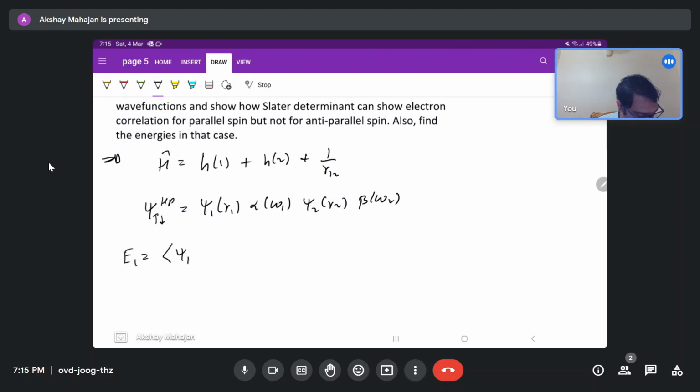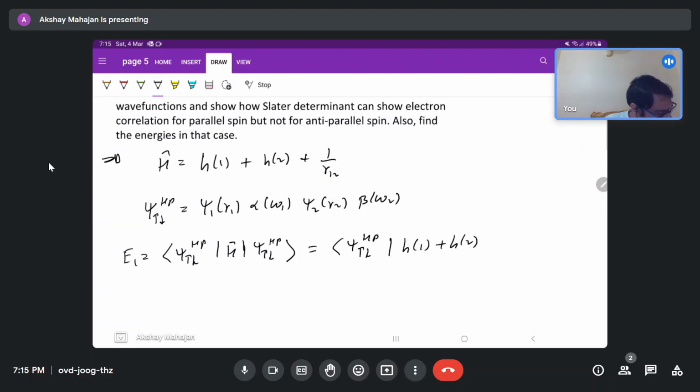There will be psi for this Hartree product, H cap, psi for this Hartree product. Now that will be equal to, basically I have to write this Hartree product with H1 plus H2 plus 1 by r12 for this Hartree product.